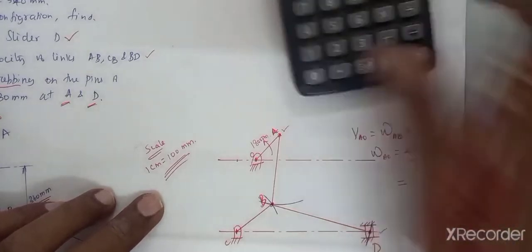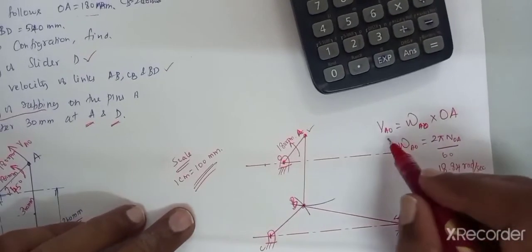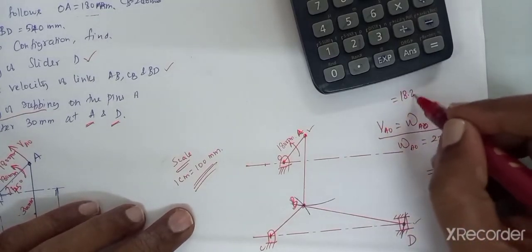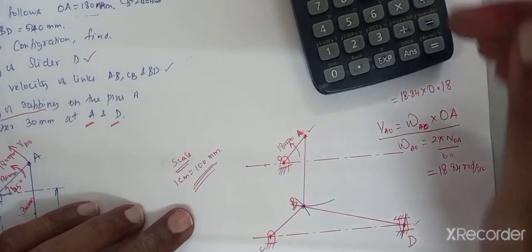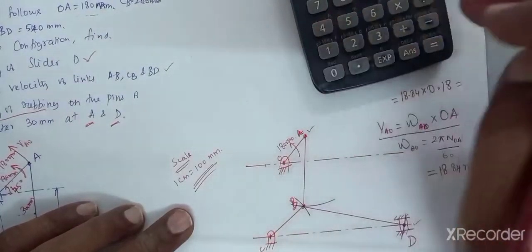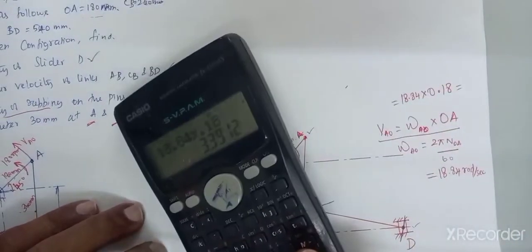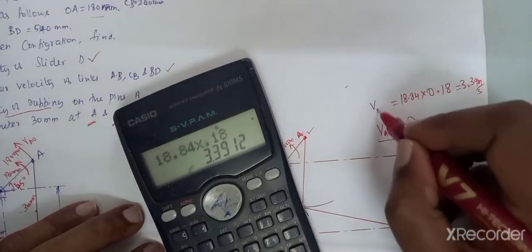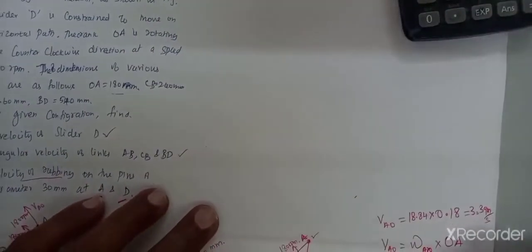It is coming around 18.84 radian per second. Then I am going to substitute that value here. It is equal to 18.84 into OA distance, 180 mm. So I have to substitute in meters, 0.18. That is equal to 18.84 into 0.18. So it is coming around 3.39 meter per second, velocity of AO, right? So our input value is 3.39.